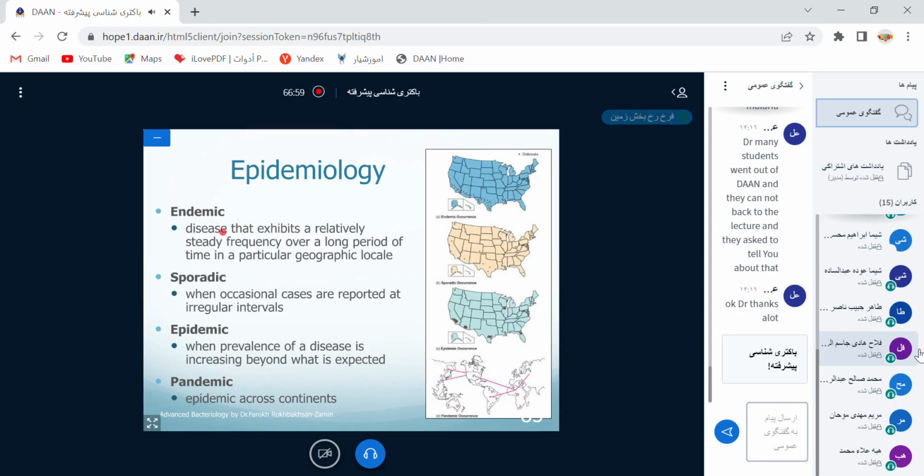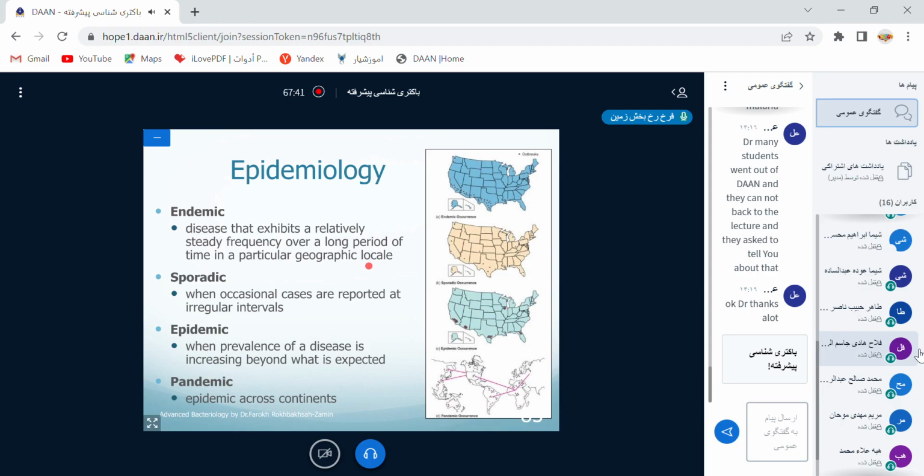Sometimes one infectious disease is present all the time in one place during 1 year, 5 years, 10 years. Whenever we check the time in the previous time, they are present. Or in another case, endemic is a disease that exhibits a relatively steady frequency over a long period of time in a particular geographic locale.